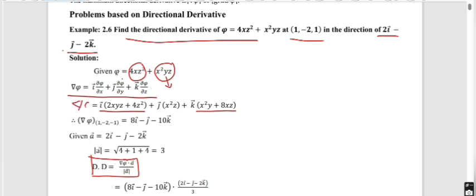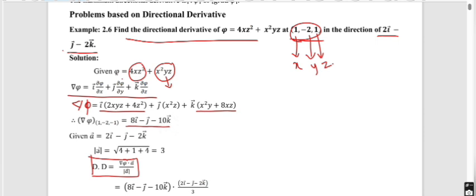Now we find del phi at the given point (1, -2, 1). That is, we substitute x equal to 1, y equal to -2, z equal to 1. So del phi at this point is 8i vector minus j vector minus 10k vector.